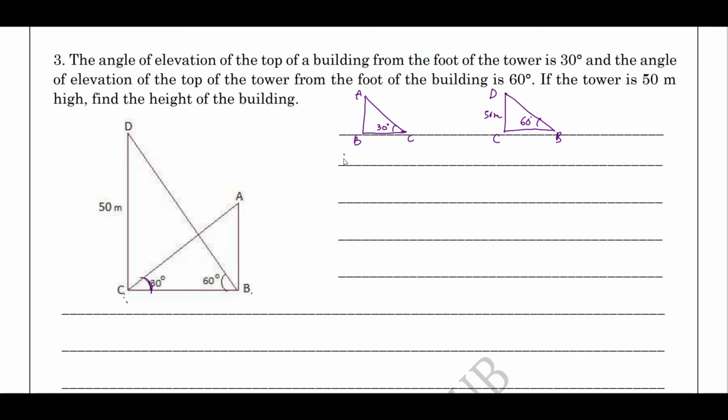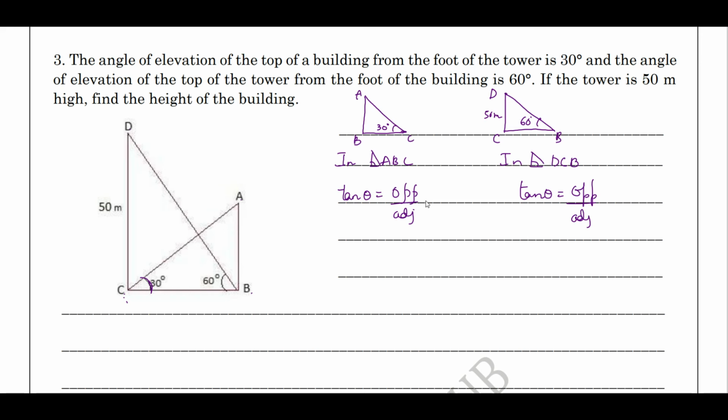Now, in right angle triangle ABC and in right angle triangle DCB, I'll apply tan theta equals opposite by adjacent.